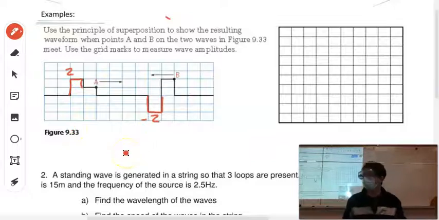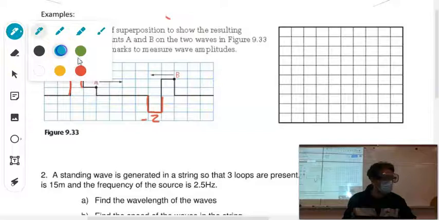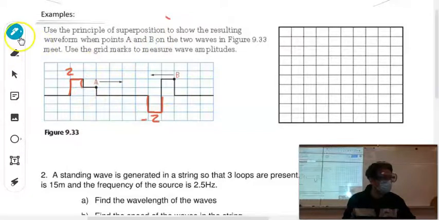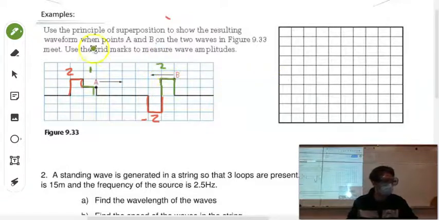They're going to add to 0, 2 plus -2. Well, what about the next two? This one here will be right over top of this one here. You can think of this having an amplitude of 1 on our grid here, and this one too. So when they go over top of each other, they will have an amplitude of 3.